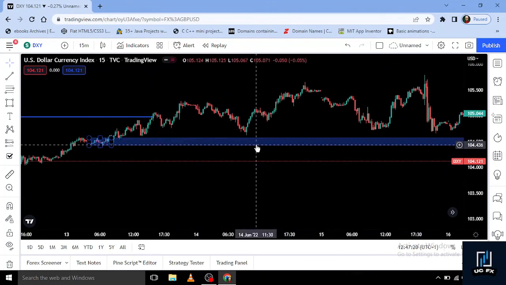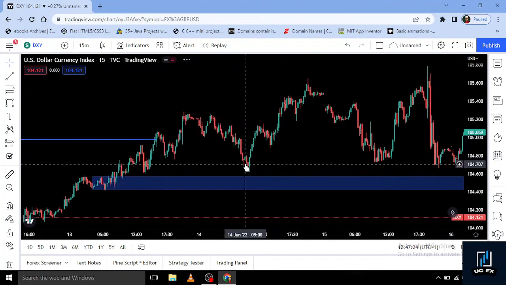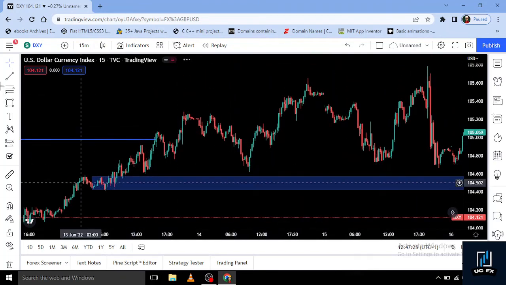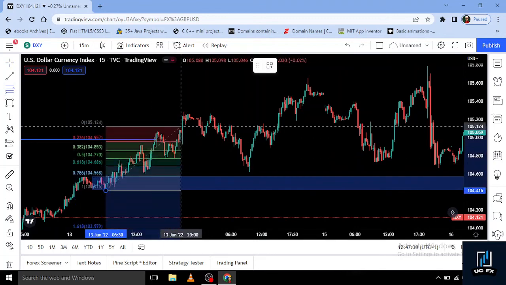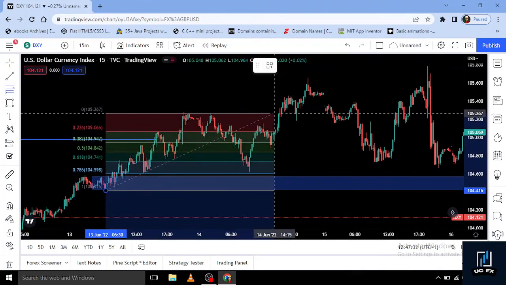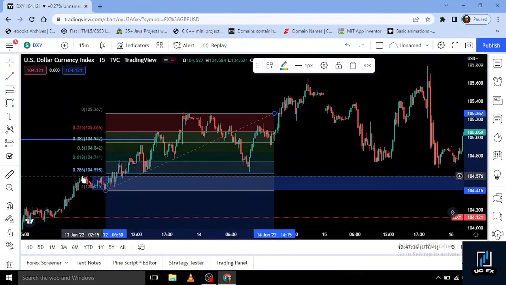As you can see here on the 15-minute time frame, price nicely tapped into this order block. If you take your Fibonacci, you can see that price actually tapped into our discount level, the 0.786 of the Fibonacci.